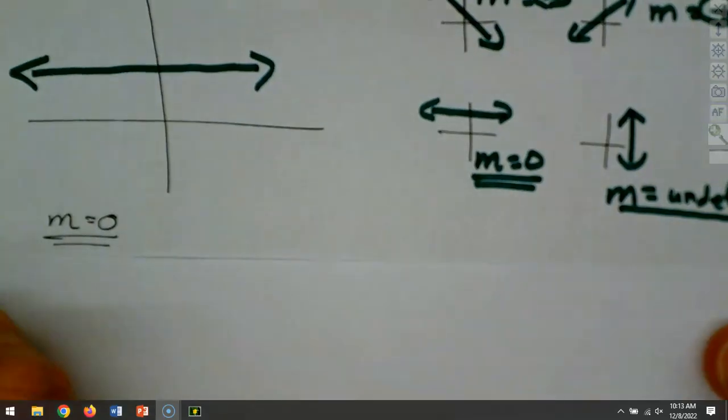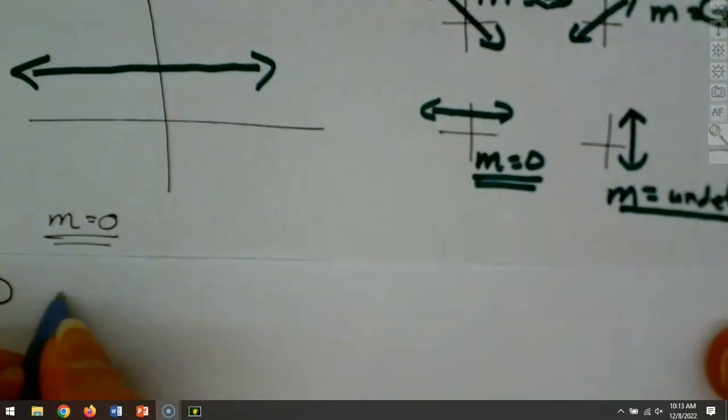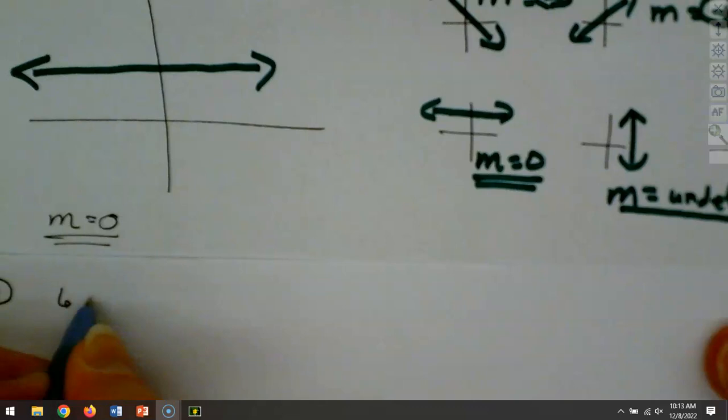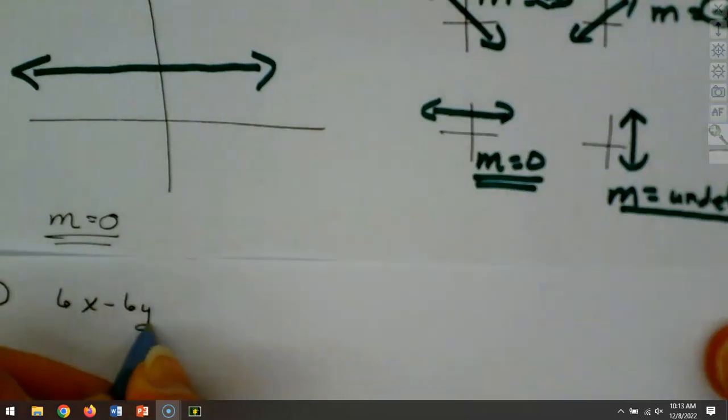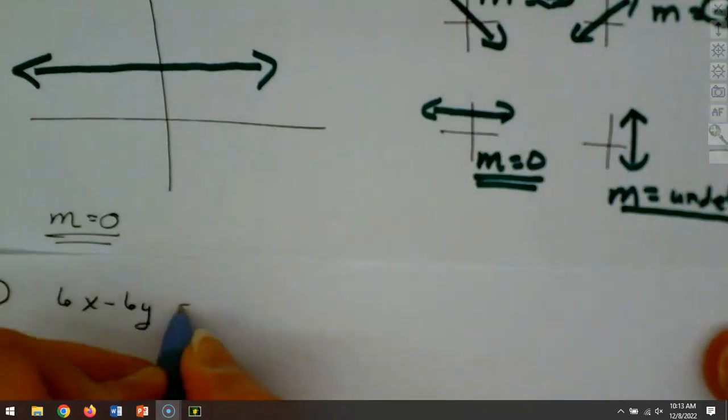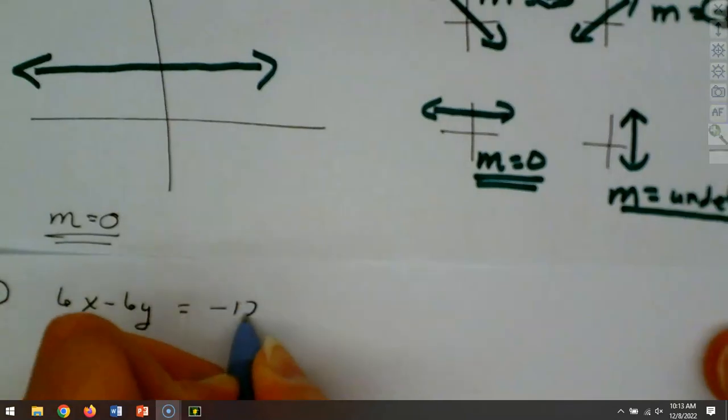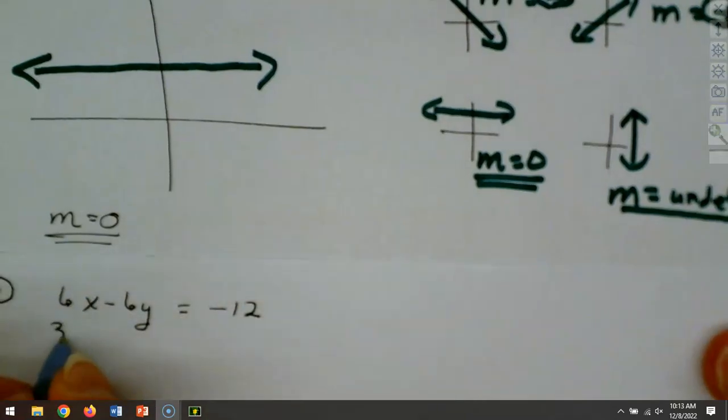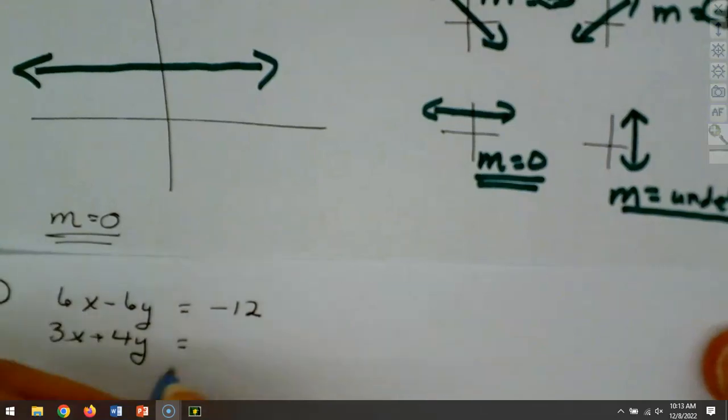We covered these about a week ago when we talked about systems of equations. Now, I don't care how you solve these. You can use elimination. You can use Cramer's rule. You can use substitution.